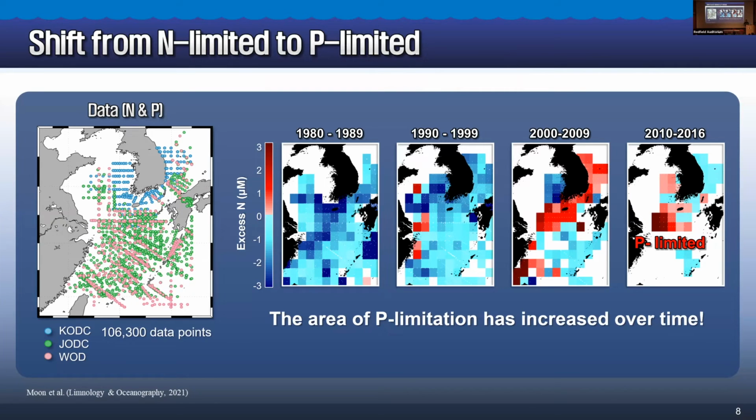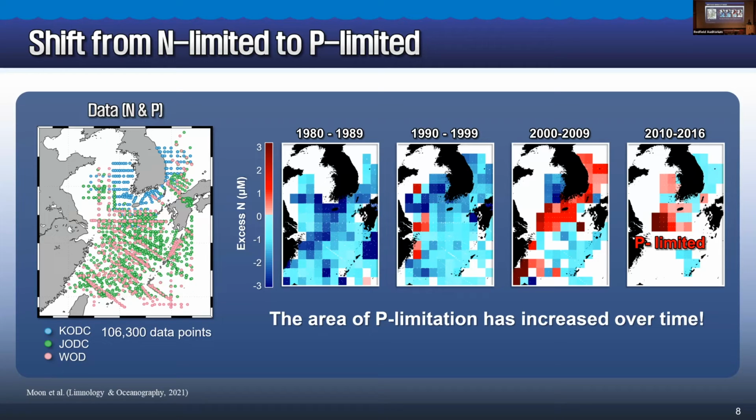There are two take-home messages from this analysis. First, the degree of nitrate limitation has reduced over time. If you look at the color, dark blue means a high degree of nitrate limitation compared to light blue, showing that the limitation actually decreased.